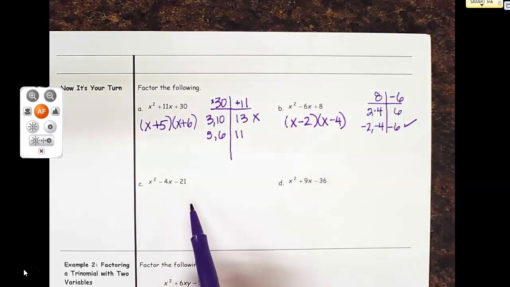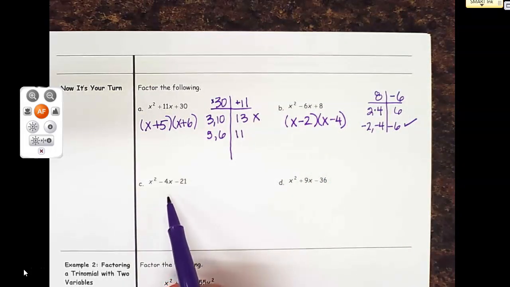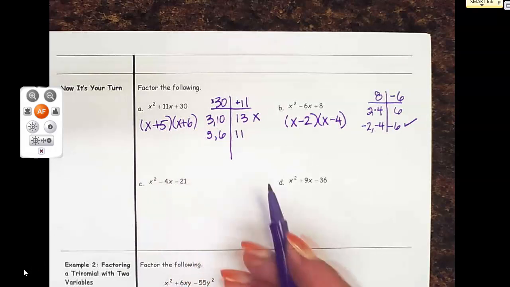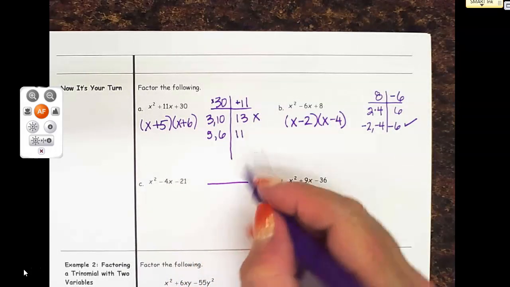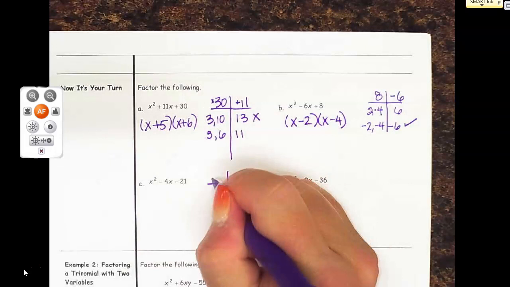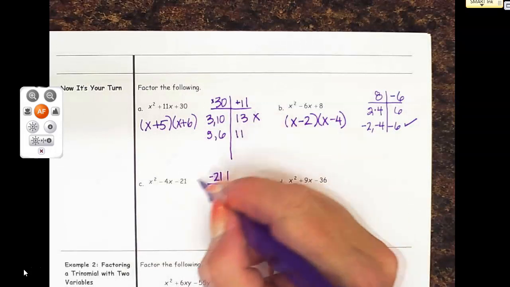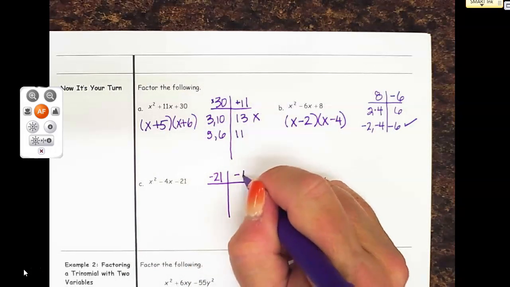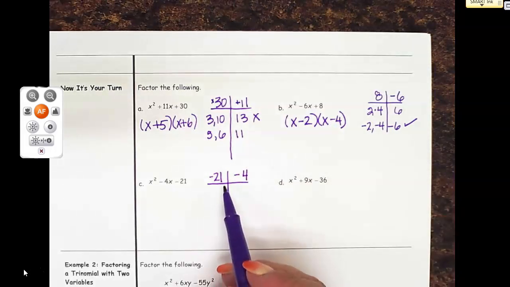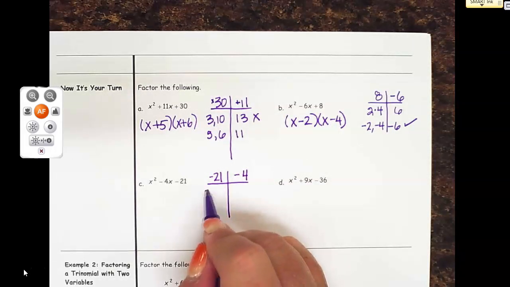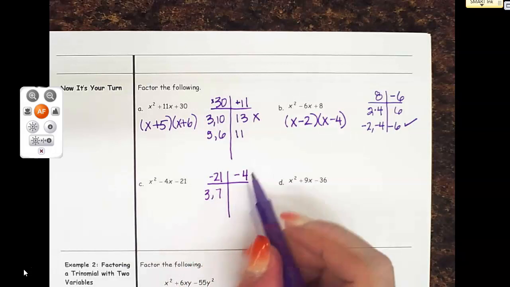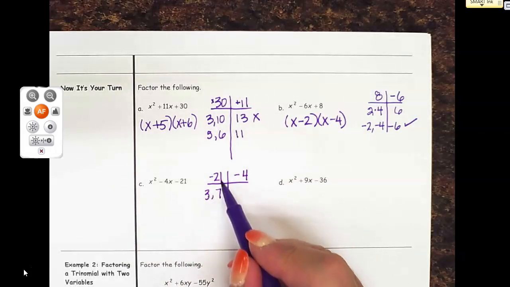And so now this is going to follow like one of the examples on the first page. I've got a negative and a negative, so I'm going to need two numbers that multiply to equal negative 21 and that add to be negative 4. So I know that 3 times 7 is 21. So 3 times 7, well, that's positive 21.